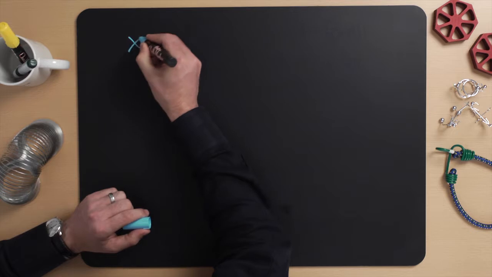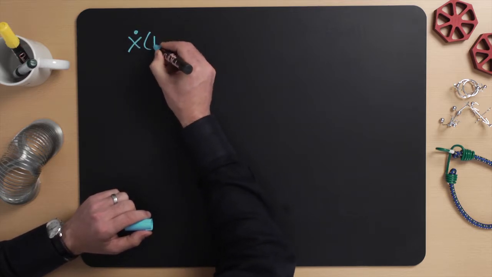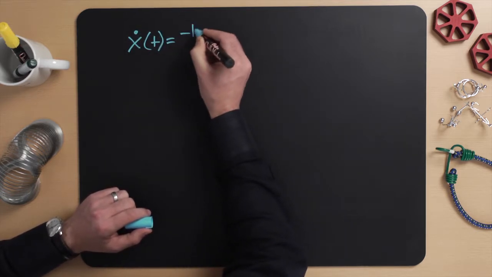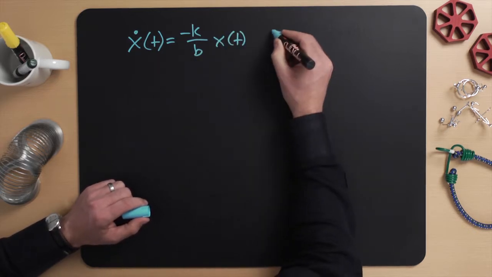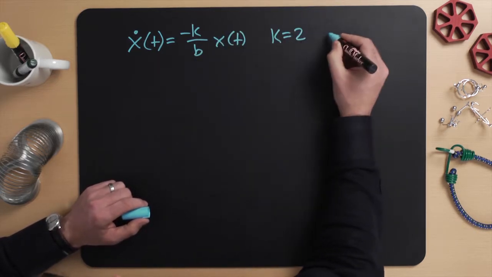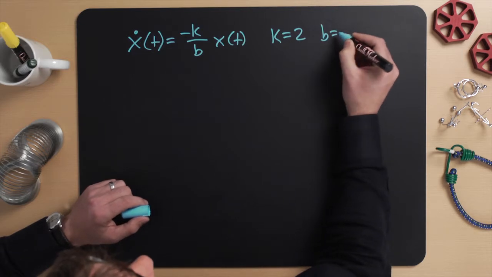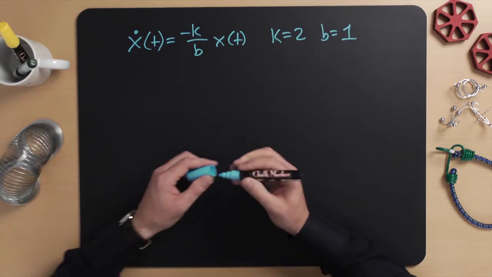Starting with our favorite example, the spring damper system, we know that we get a differential equation of the form x dot of t is equal to minus k over b x of t. To remind ourselves, we'll say that k equals 2 and b equals 1.